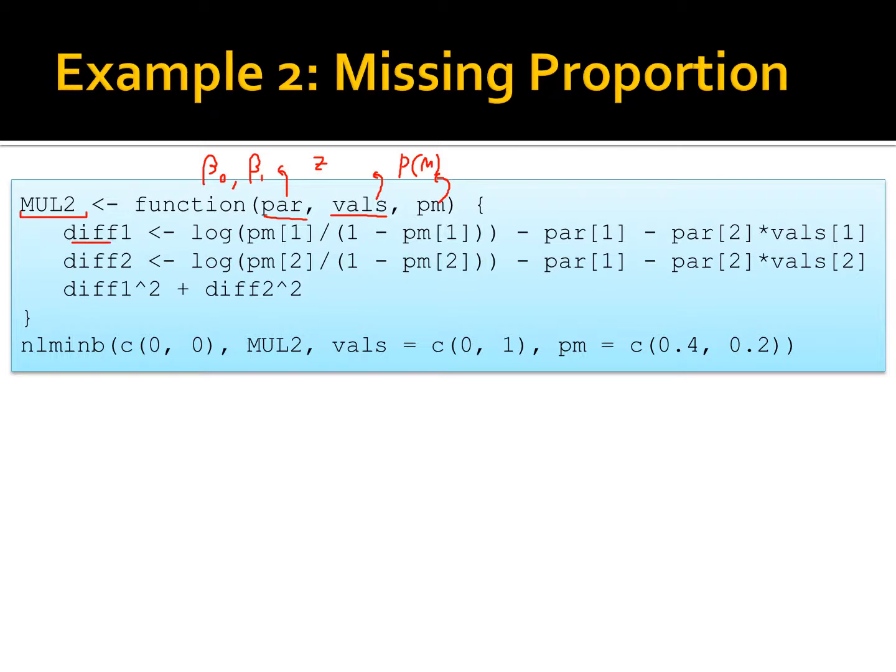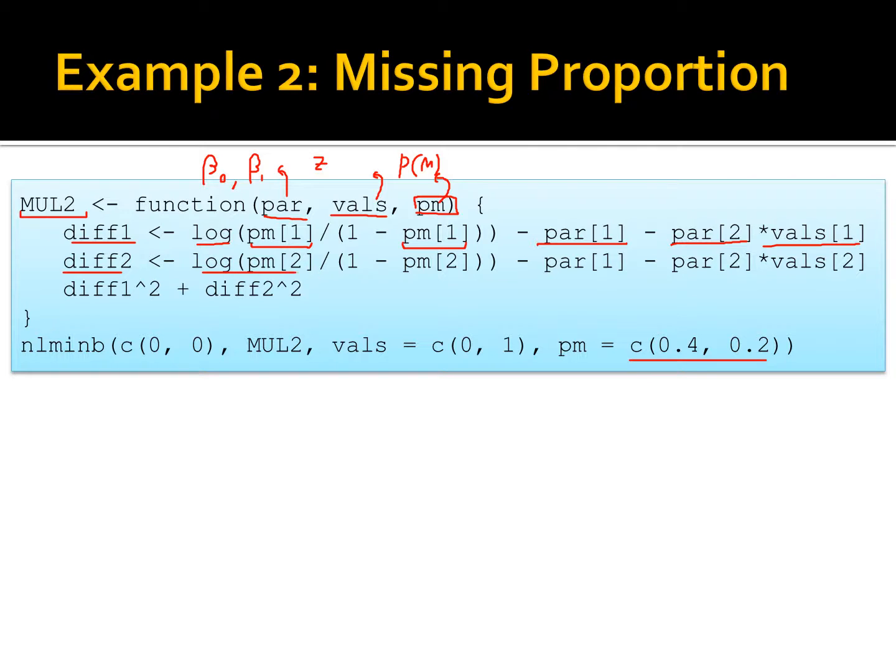The first difference, delta 1, equals the logarithm of the proportion of missing at element 1 over 1 minus the proportion of missing at element 1. We can specify the proportion of missing later, which can be passed to here. Then minus the intercept, which is the first element of the parameter, minus the slope, which is the second element of the parameter, times the first value.